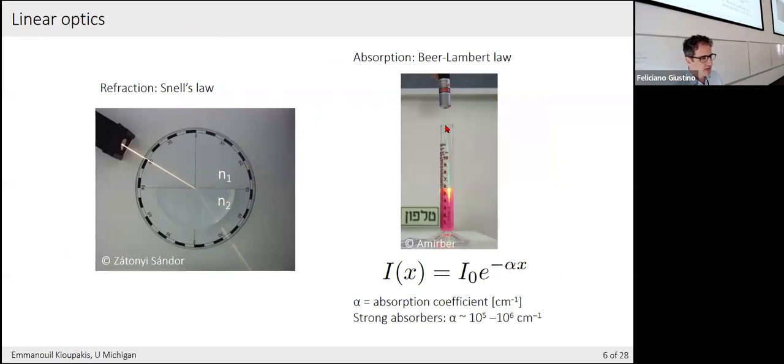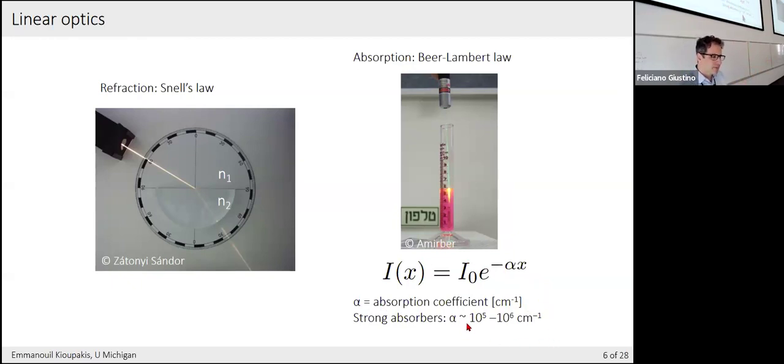What happens is that if you shine light into an absorbing material, the intensity of the beam decays exponentially as light propagates inside the material. How fast the light will attenuate is given by the absorption coefficient, in units of inverse length. If you invert it, it tells you the penetration depth, how deep inside the material light will propagate.